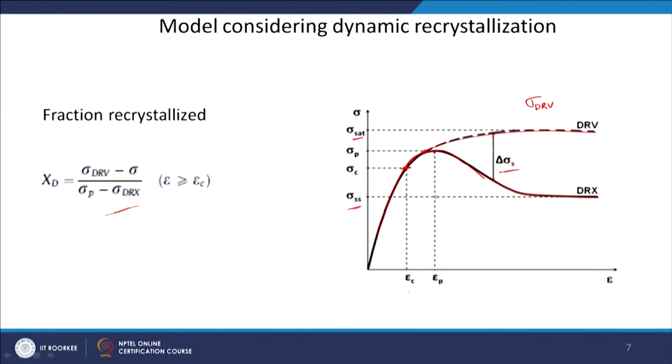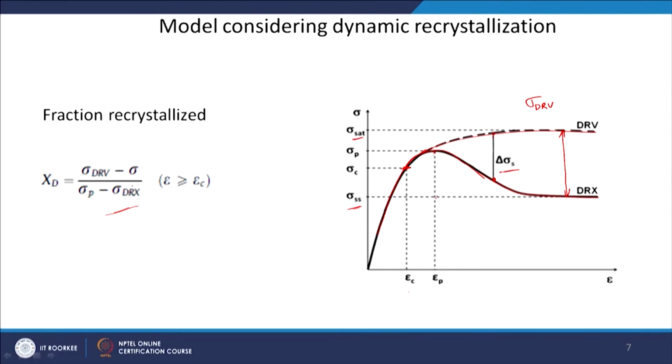So, that is the total recrystallization. Sigma DRV minus whatever sigma you are at gives the fraction recrystallized. That delta sigma is the amount of recrystallization which has happened. That is why the stress has come down from the sigma DRV level to the delta sigma level. And at this point the recrystallization will be complete.